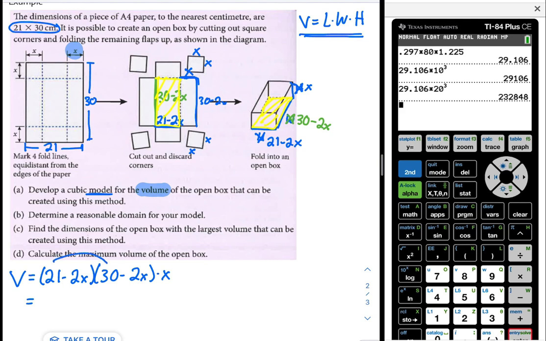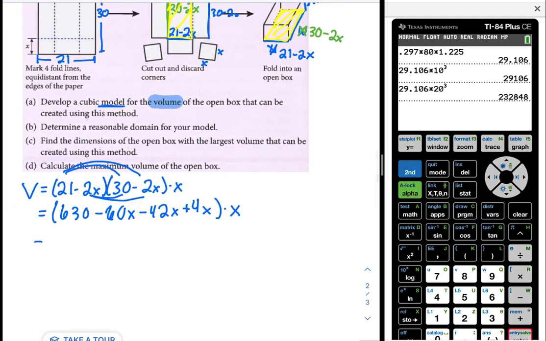So I'm distributing, multiplying each term. And when you simplify this out, you get 630 minus 60x minus 42x plus 4x squared, and all that is multiplied by x.